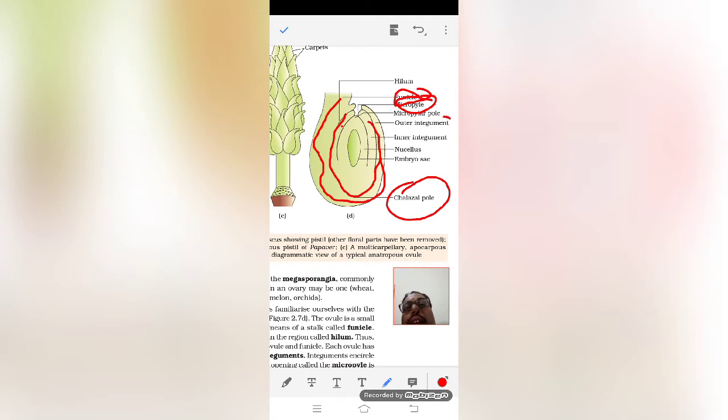Then after that, we are having the outer integuments, inner integuments. These both are for covering, and the integuments will later develop into seed coats, and inside that we are having nucellus, and this nucellus is responsible for megasporogenesis, and this nucellus is having very high cytoplasmic activity, so that it serves as nourishment for the growing embryo part.